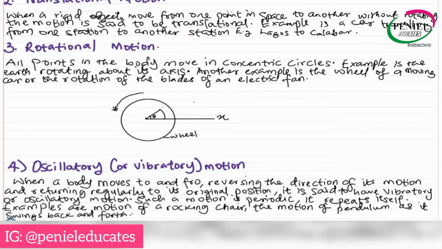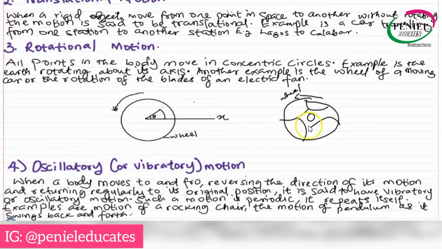For example, if you have the blades of a fan moving, you have a center, like the hub of a wheel. We have an axis about which all the blades rotate.